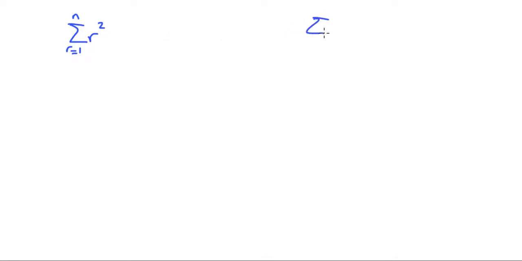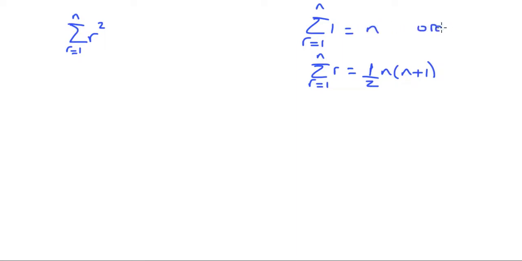As I said, we already know that this adds up to n, and this one adds up to a half n plus 1. Notice that this one is order 1 in n, and this one will have an order of 2.